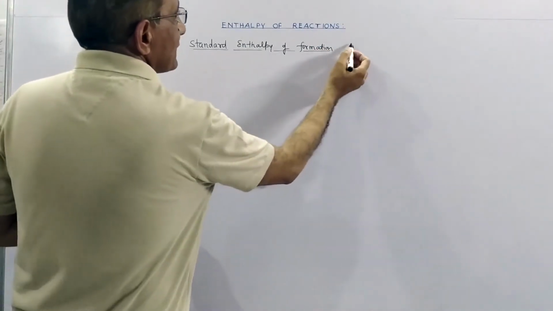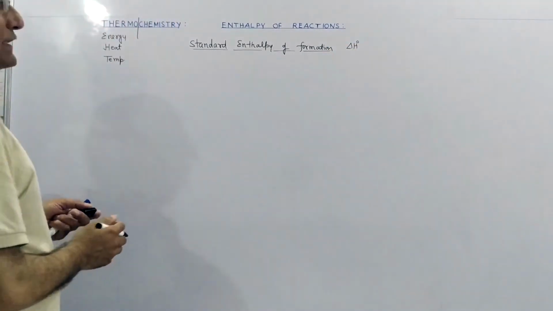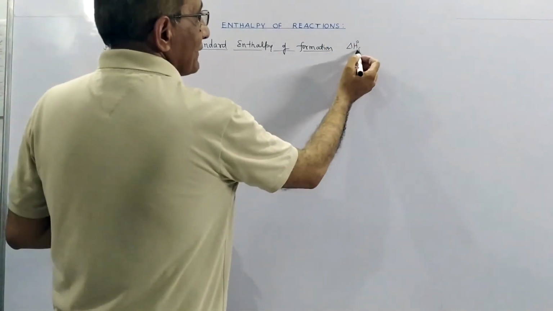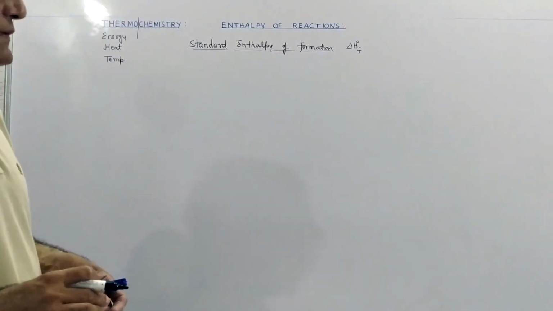Standard enthalpy of formation, as we discussed, is denoted by delta H naught, meaning standard enthalpy change. If it is formation, then we can write a small f here. So what is standard enthalpy of formation?